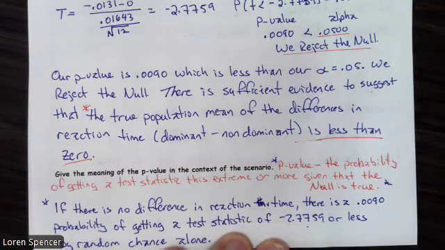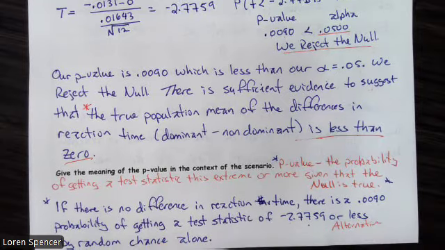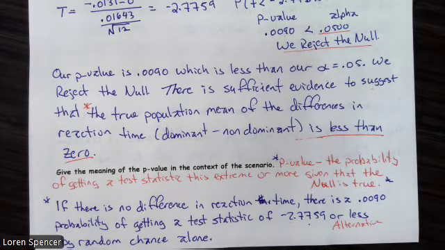I'll use red for that. By random chance alone. In other words, we know every sample is going to vary. So by random chance alone, there is going to be some variation. And by random chance alone, we would expect this to happen 0.0090 probability or 0.9% of the time if there really was no difference in reaction time.